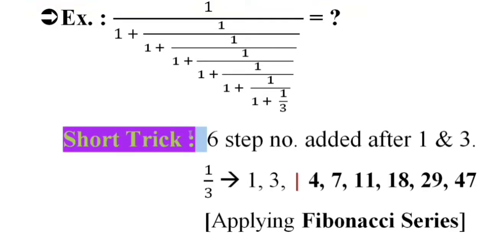Short trick: 6-step numbers added after 1 and 3. 6 steps means 1 step, 2 step, 3 step, 4 step, 5 step, 6 step. 1 by 3, write 1, 3, and 1 plus 3 equals 4, and 3 plus 4 equals 7, and 4 plus 7 equals 11, and 7 plus 11 equals 18, and 11 plus 18 equals 29, and 18 plus 29 equals 47.